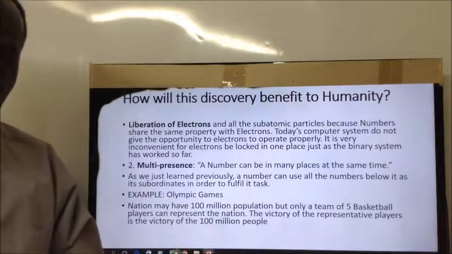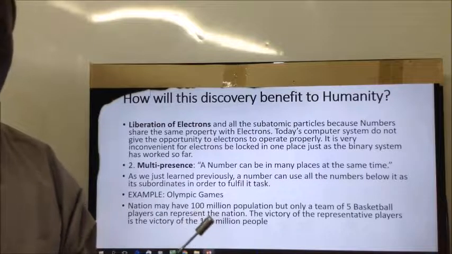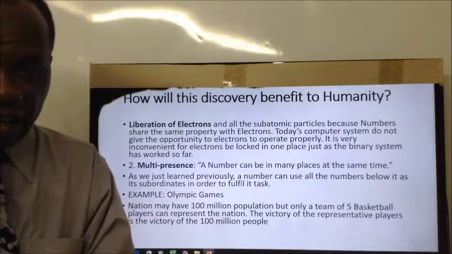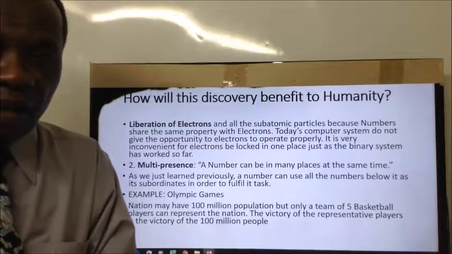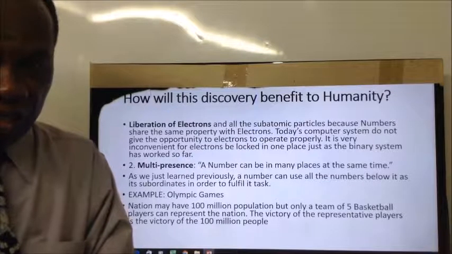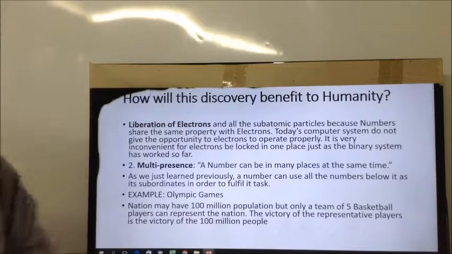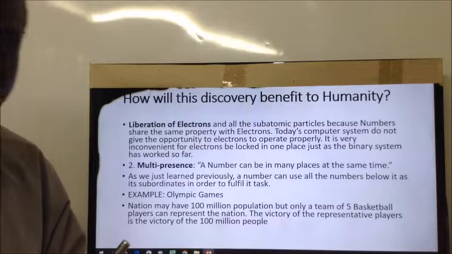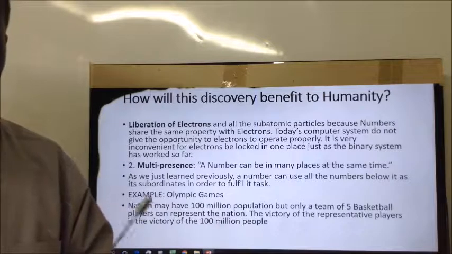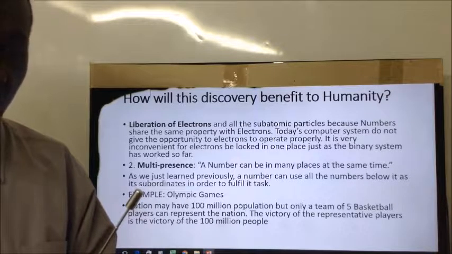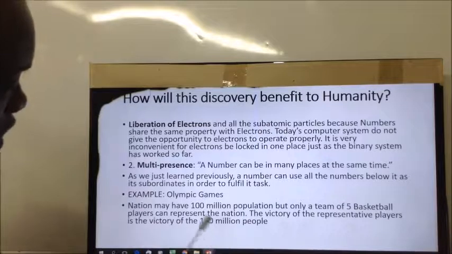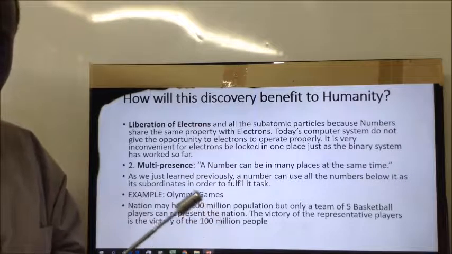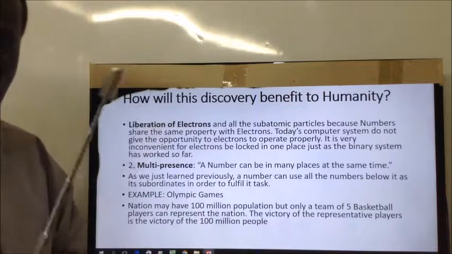But don't worry, because scientists have already made a very remarkable progress in this, because they were able to discover what we call quantum bits. And in that system, 0 and 1 can interact.